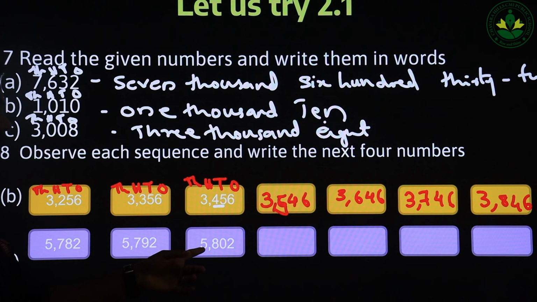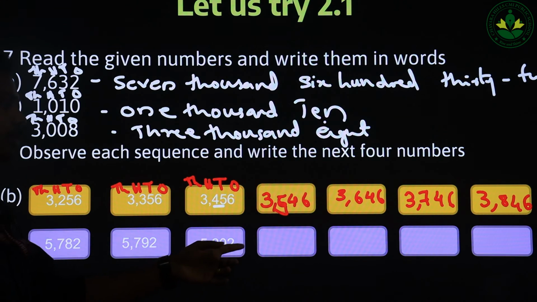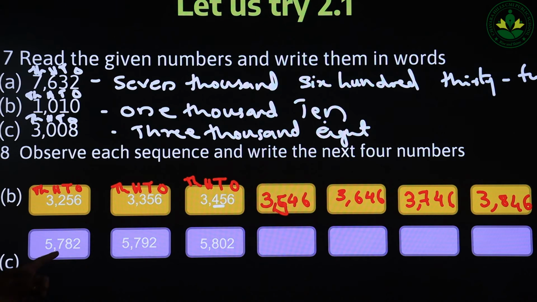And the next sequence is 5782, 5792, 5802. Here you can see they change the tens place digit. That means they add 10 to each number. 5782 plus 10 is 5792.